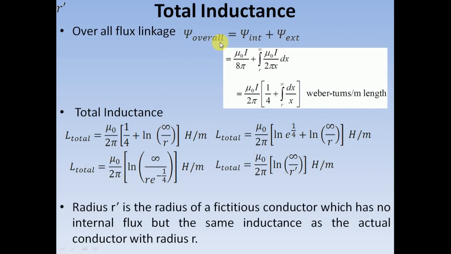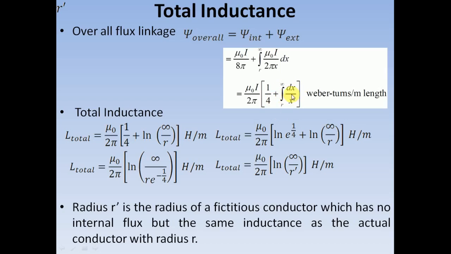So overall flux linkage can be written as the sum of internal flux linkage and external flux linkage. Internal flux linkage is indicated by the relation μ0 I by 8π. Just now we have derived the relation for external flux linkage, that is the integral from r to infinity of μ0 I by 2πx dx. From both these terms we can take μ0 I by 2π in common, then 1 by 4 plus the integral from r to infinity of dx by x.